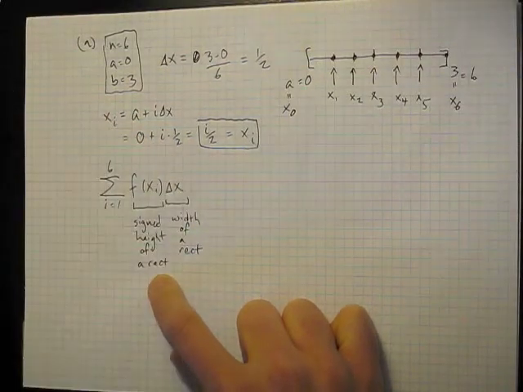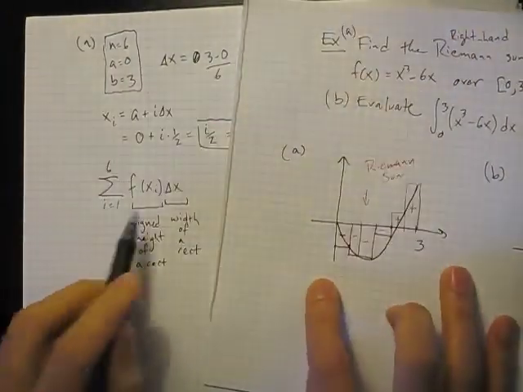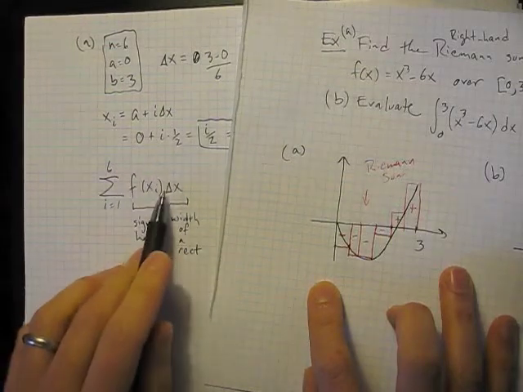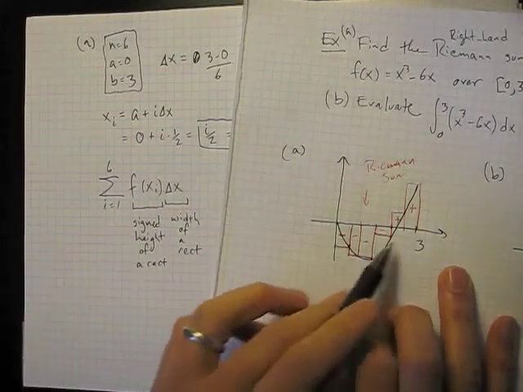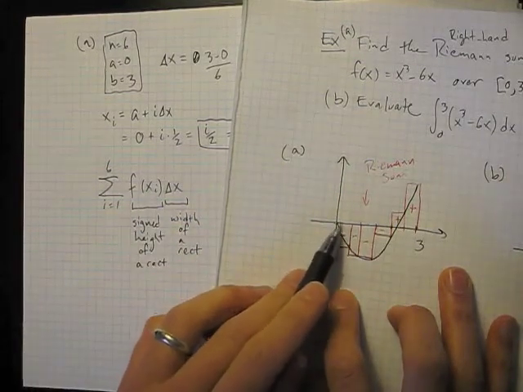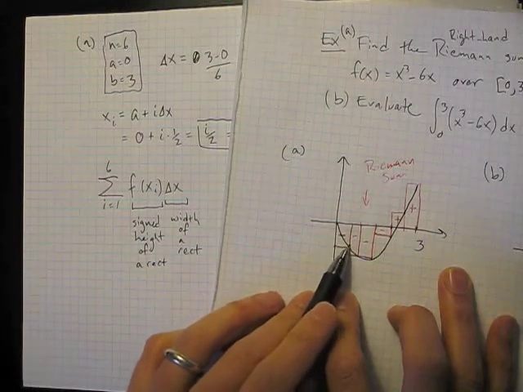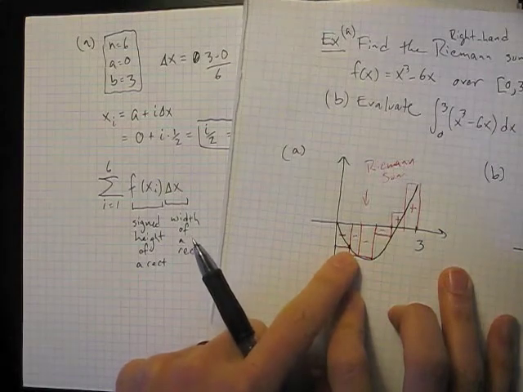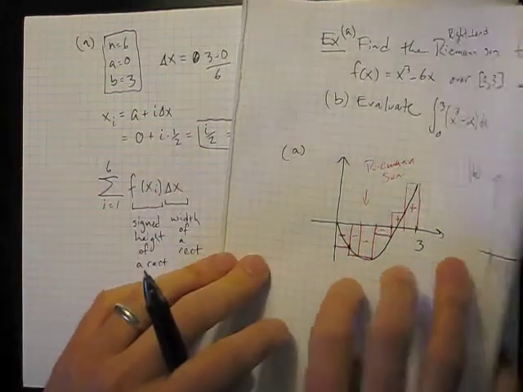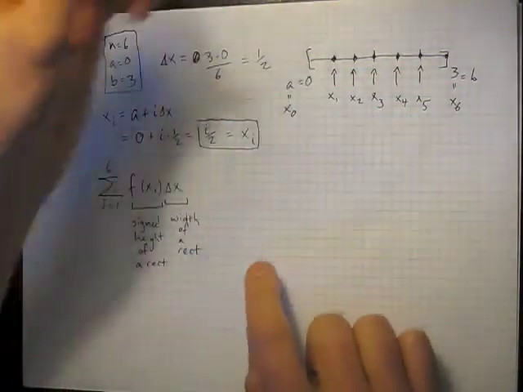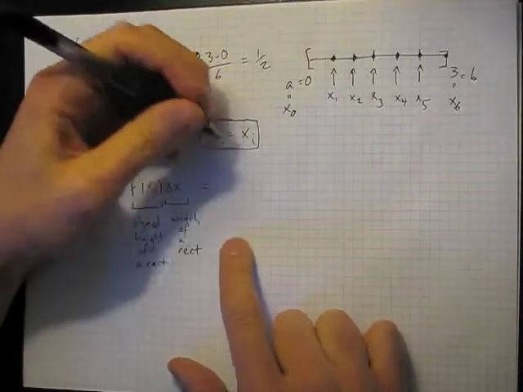Okay, again, let's just emphasize what's going on here. So each of these terms, when i goes from 1 to 6, so there should be 6 things that we're summing together here, represents a signed area. So when i is equal to 1, this represents the width, which is delta x, and the height of this, well, it's a negative height, is whatever the y value is at that point right there. So this will be 6 rectangular areas, and we can just write them out.